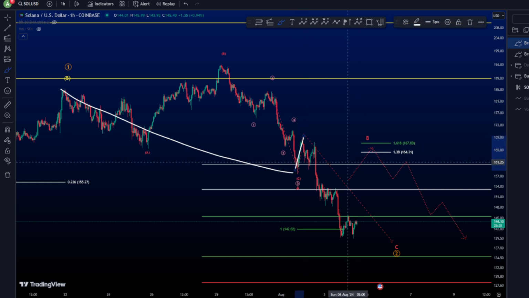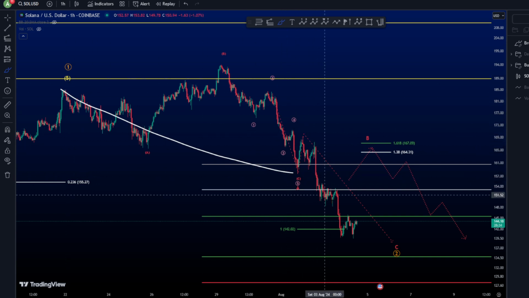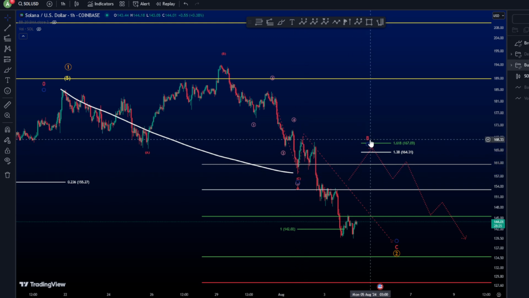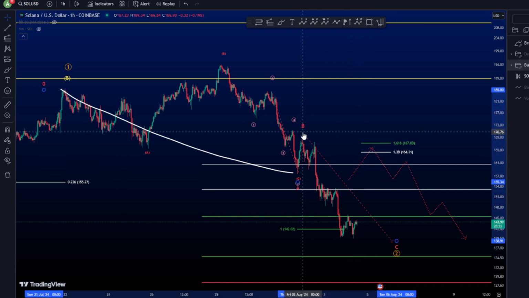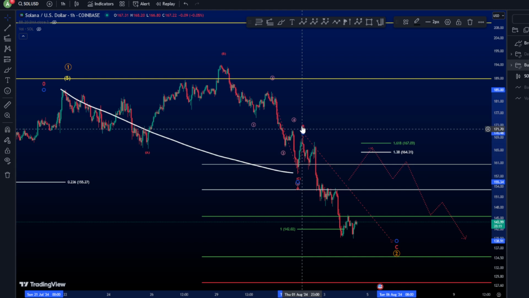In a wave B, we don't see any other retracement in the whole wave towards the downside. We cannot see any retracement towards the upside other than this retracement again. So if we then want to find a wave B for this whole wave, then this is the only option that we have, right?